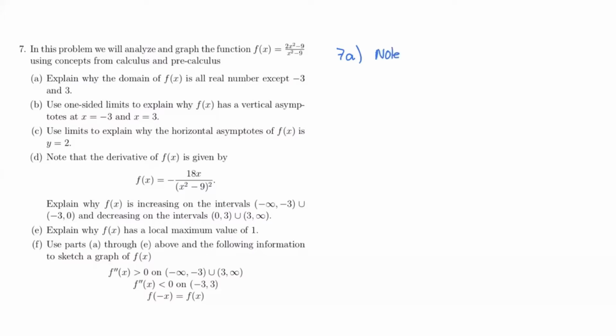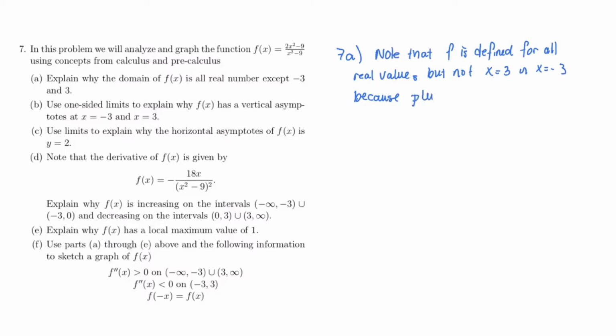Note that f is defined for all real values, but not x equals 3 or x equals -3 because plugging in these two values results with a 0 in the denominator.